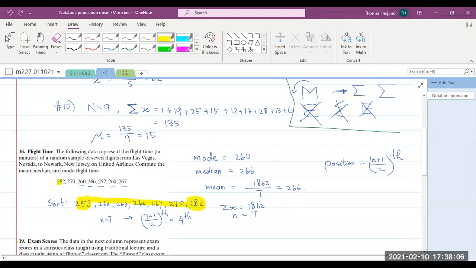Under no situation will the mean be larger than the highest number, or smaller than the smallest number. No way. So that's a little smell test, I call it that because it's by common sense. The mean must be somewhere between the largest and the smallest. The median must be somewhere in between the largest and the smallest too.